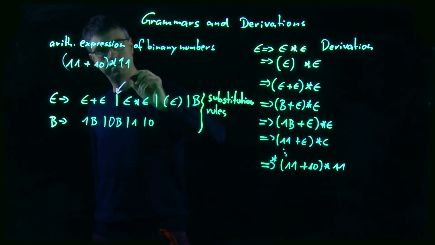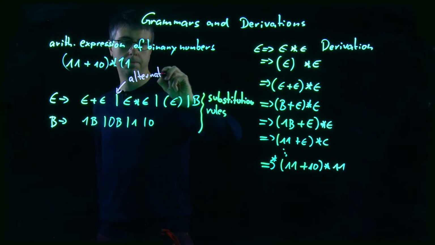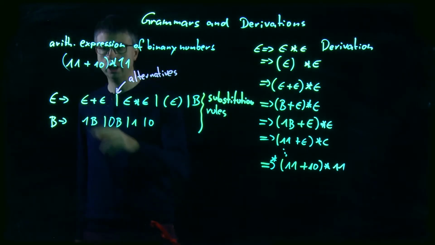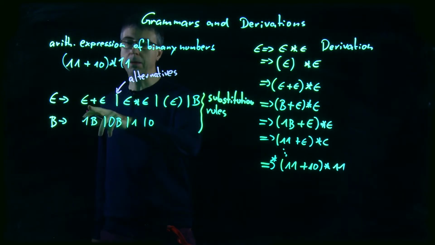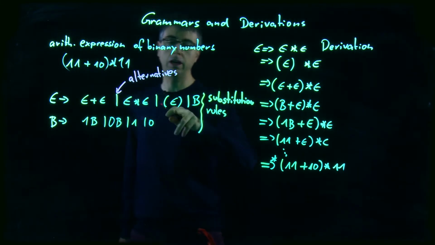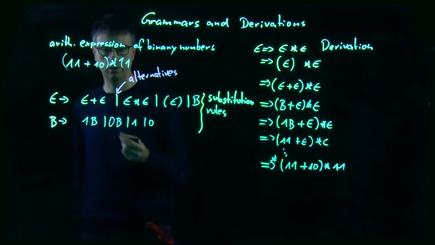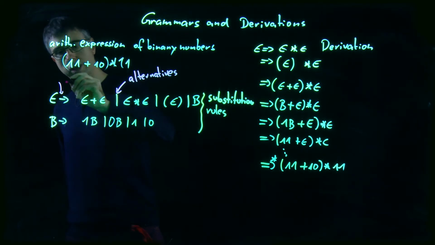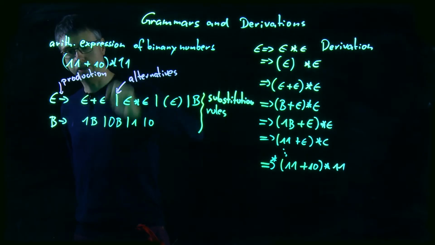These here are alternatives. So it's just a shorthand notation for alternatives. So we can choose to substitute this E either by E plus E, or by E times E, or by E in parentheses, or by the B. So that's four alternatives. This is the substitution rule, and the substitution rule is often called a production. So this is a production.